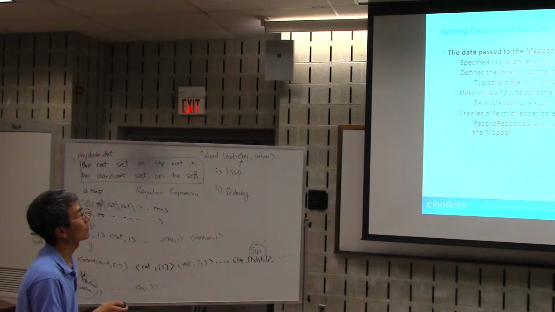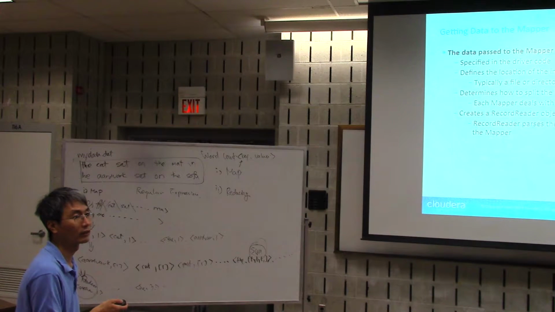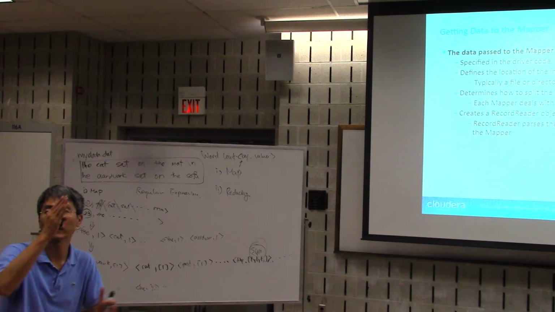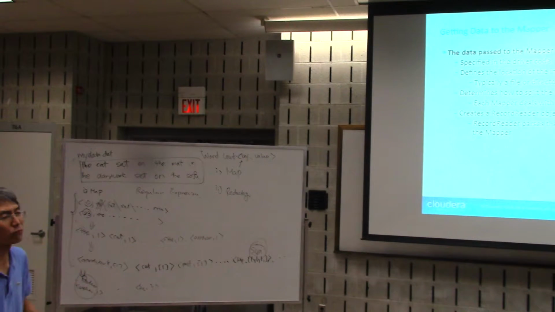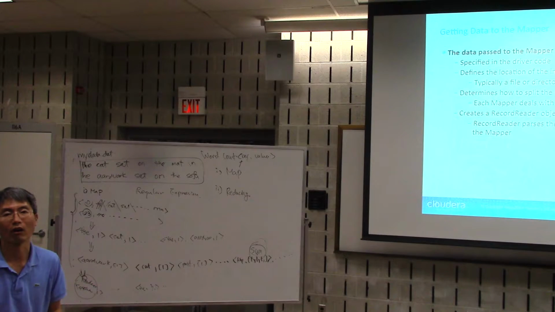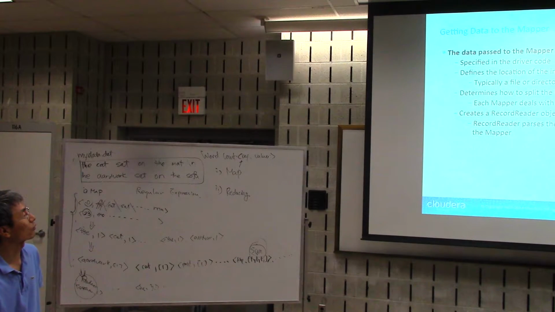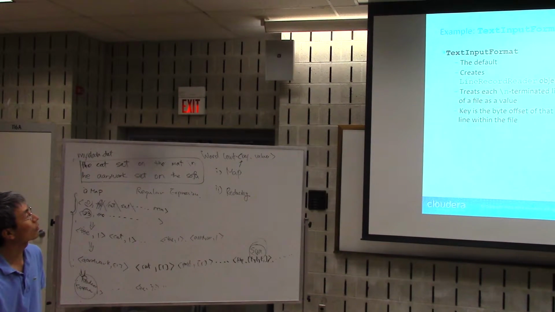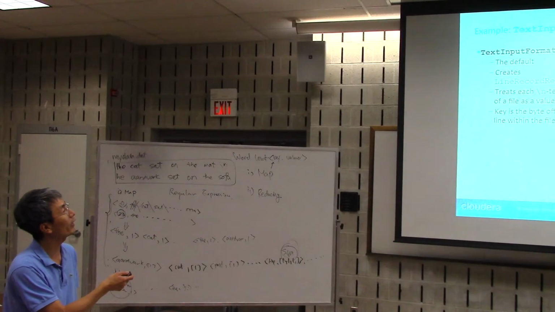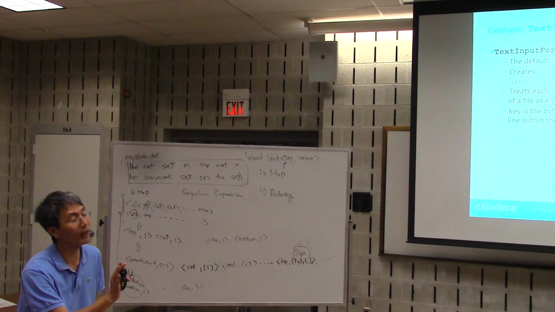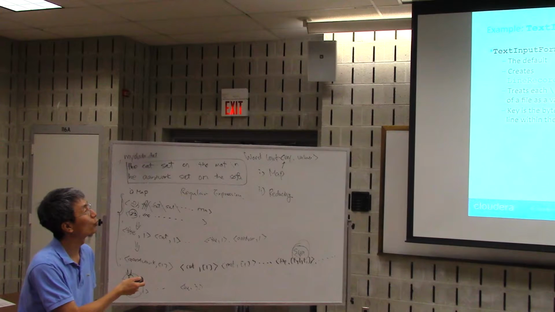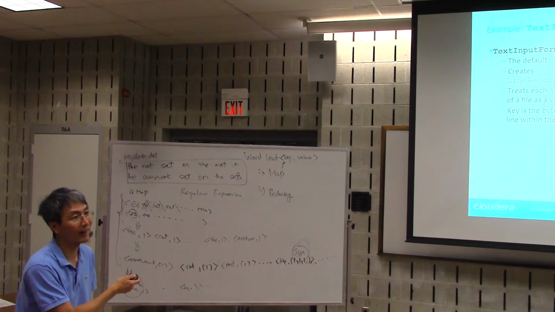So this is an input format class that reads the data and splits by the block. But you don't have to explicitly use this one. The text input format is the default one. If you do not specify, the text input format class will be used.